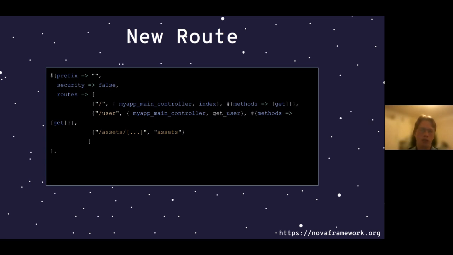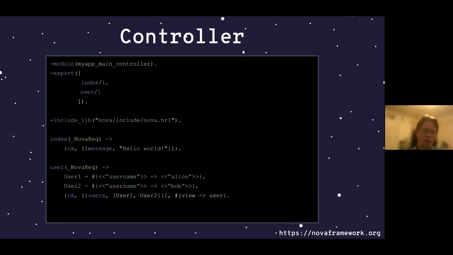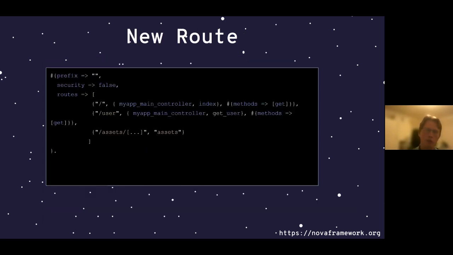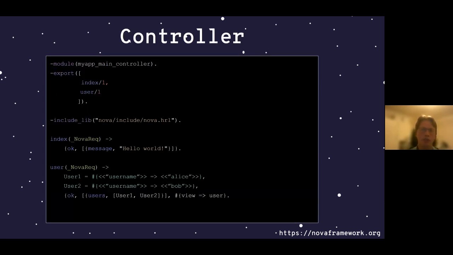So we will need to add a get user function into the my app main controller. Here we can see that I missed this in the slides.